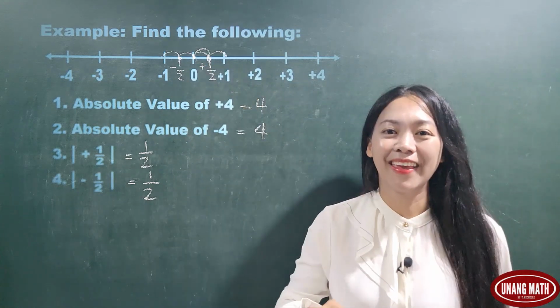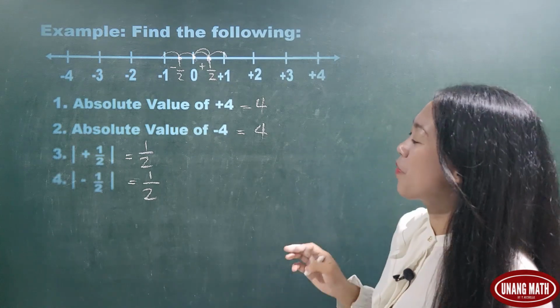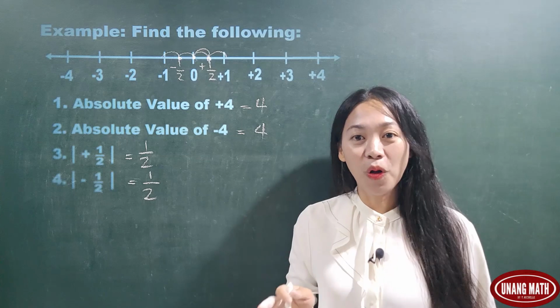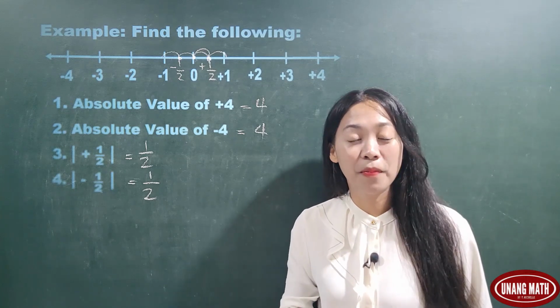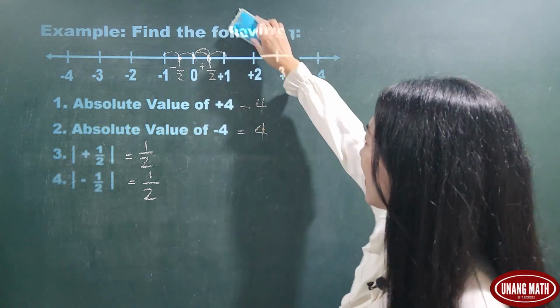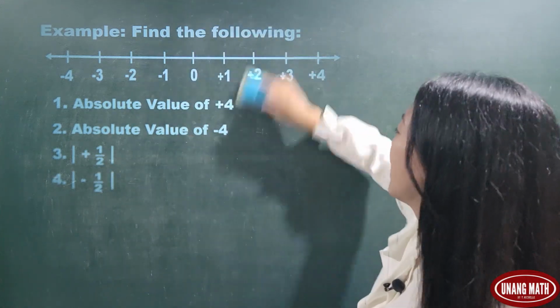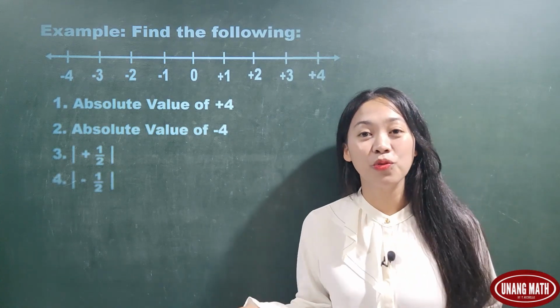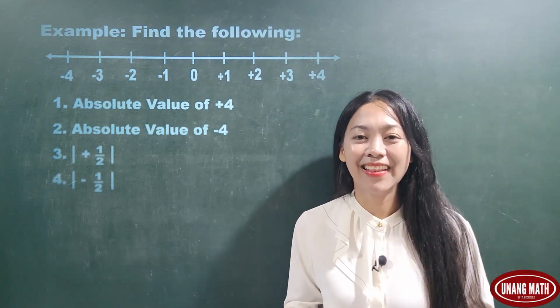This time, my question is, does absolute value always have two numbers? The answer is no. Students think absolute value always has two numbers, positive and negative.